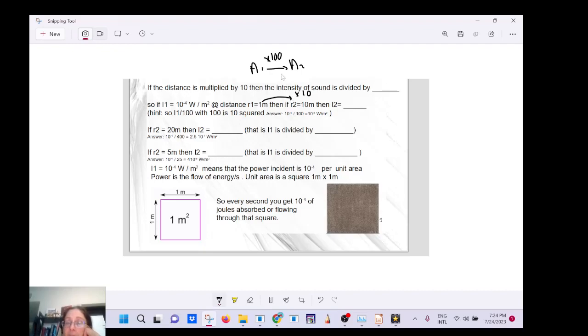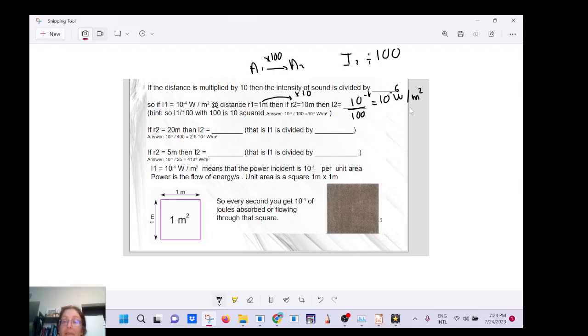So the same amount of energy is going to spread out over a larger area. So I2 is going to be divided by 100. So I2 will be 10 to the negative 4 divided by 100. That's going to be 10 to the negative 6 watts per meter square. Okay?